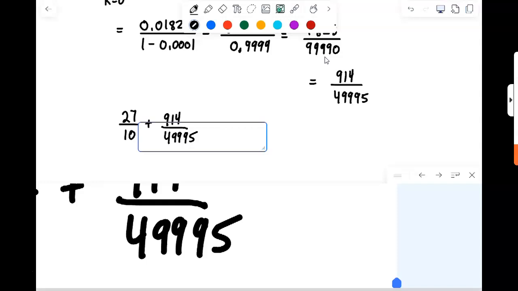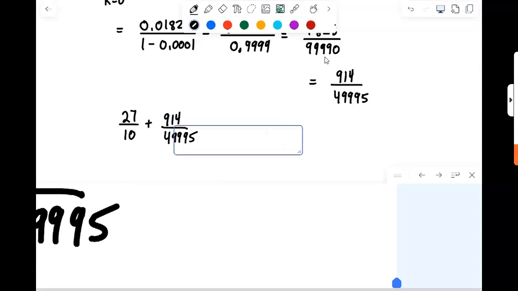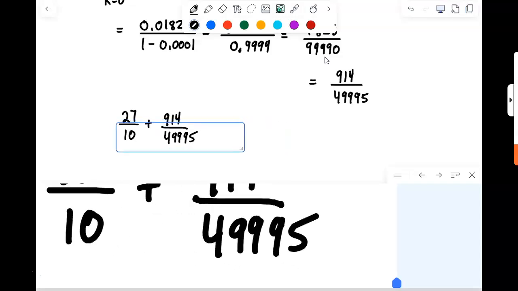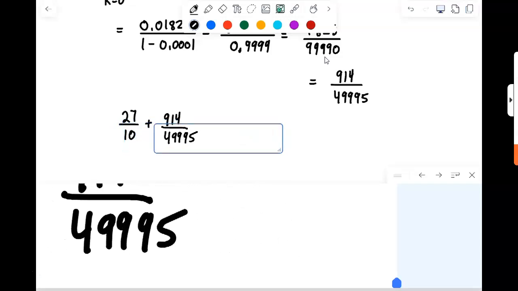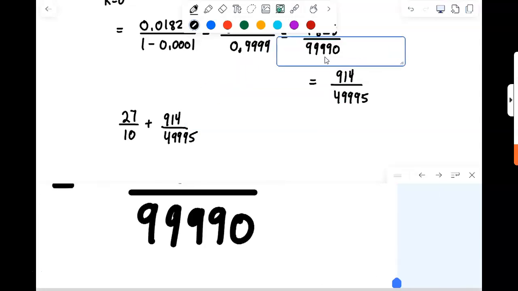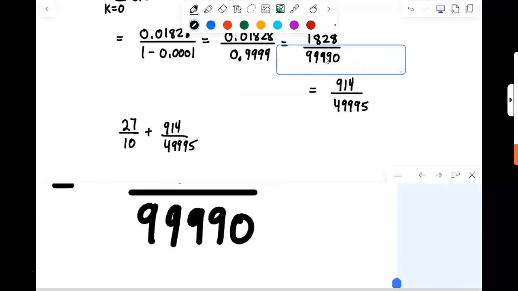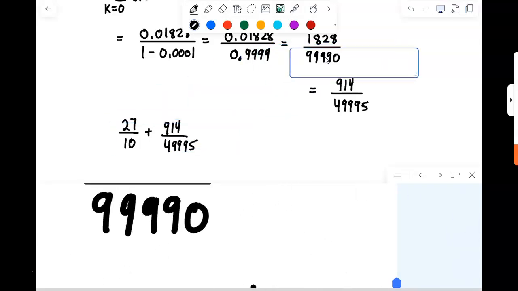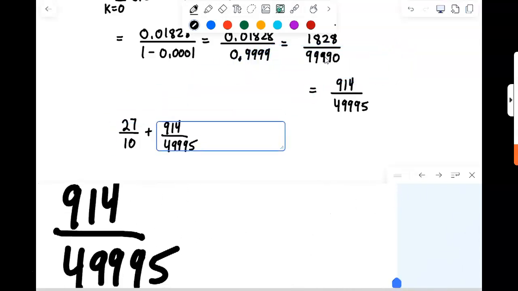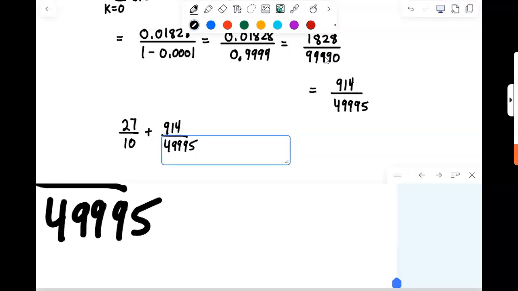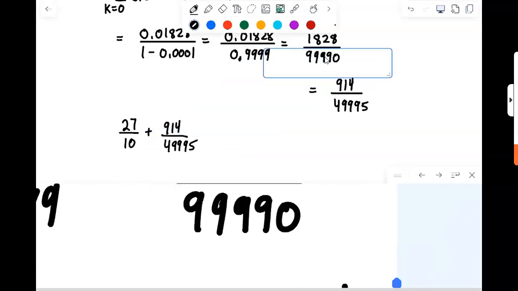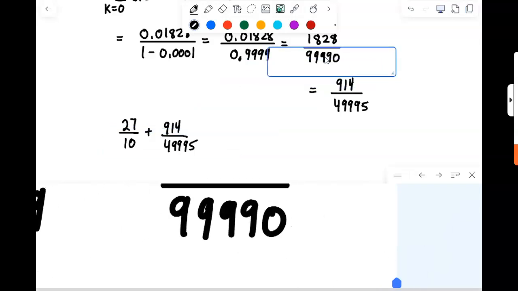Okay. So what I do know is this much. To get from 10 to that, we're going to need a common denominator of 99990 so that the 10 will build with that. So I'm going to have to multiply that denominator by 2, and the other denominator by 99990.